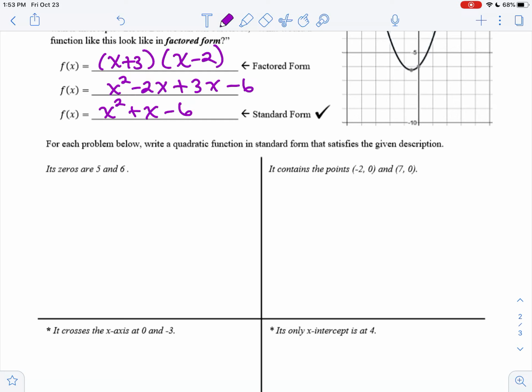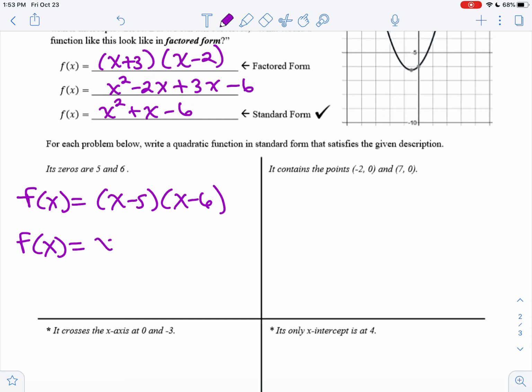So we're going to practice a couple of these. Okay. So if we have zeros at 5 and 6, we want to start by writing f of x equals x minus 5 times x minus 6. Then all we have to do is FOIL.